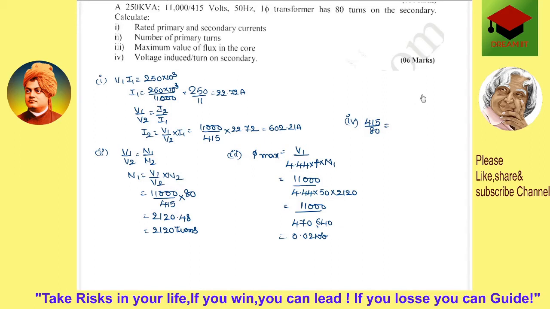That is your answer, divided by 80, which is 5.18 volts. So for the secondary side we have 415 volts and 80 turns, so per turn you are going to induce 5.18 volts.